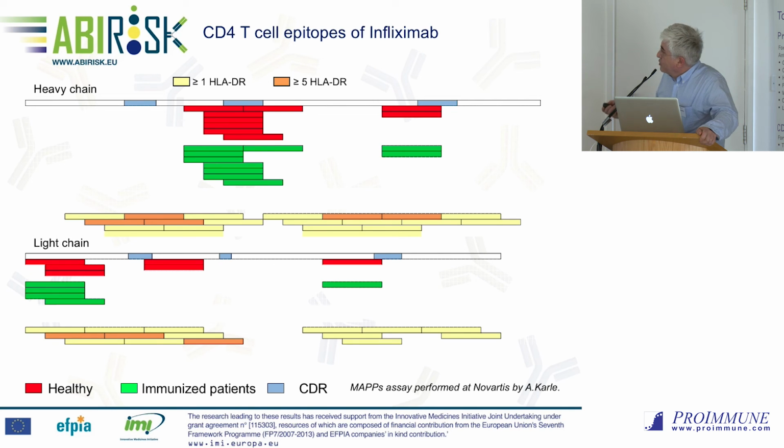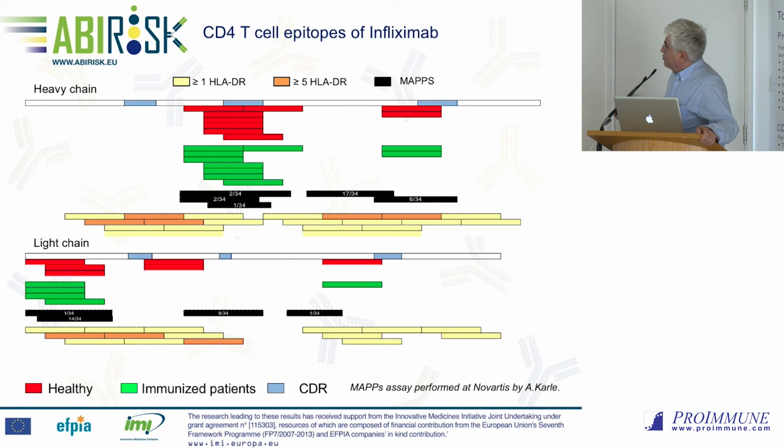And if we consider what we call the promiscuous peptides, which means that they bind to multiple HLA-DR molecules, you can see that sometimes they can miss the peptides that we have identified as a T-cell epitope. So it's not really predictive at all.